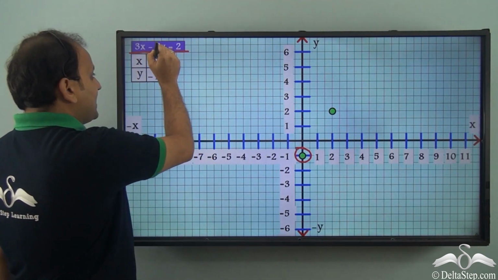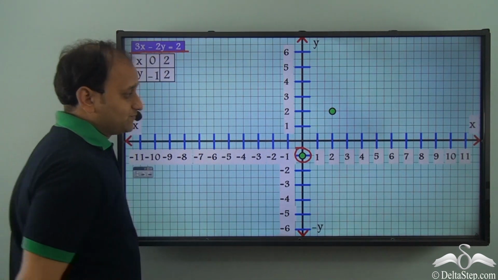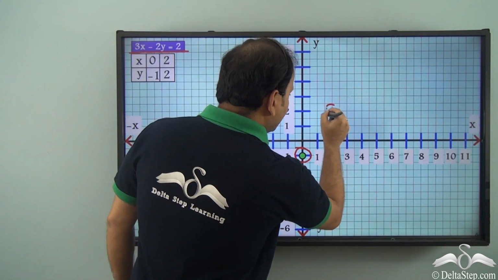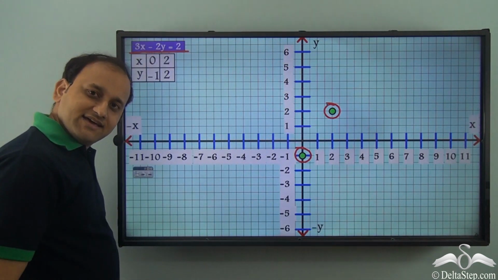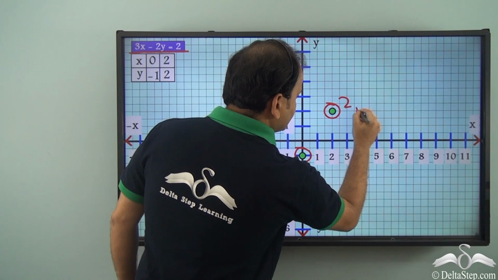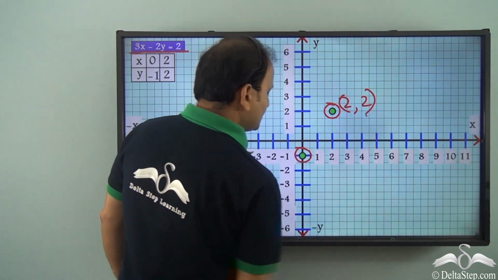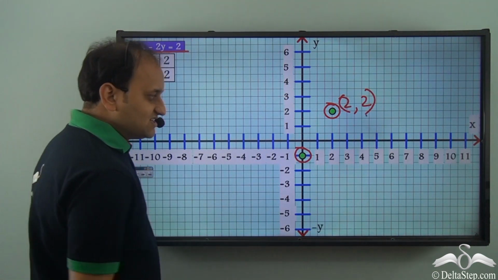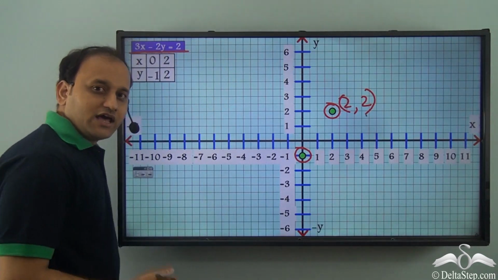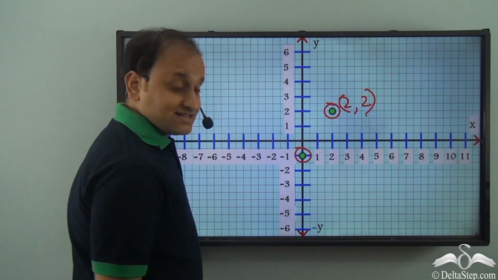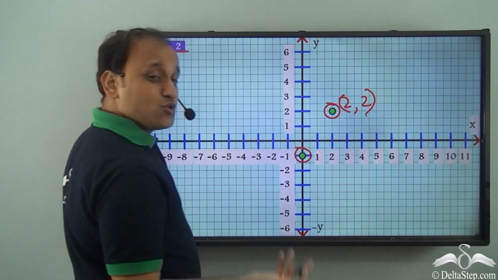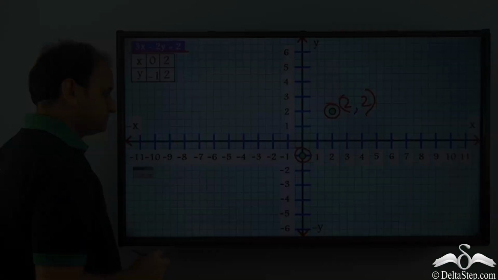Now, next is x is 2 and y is 2. So, this particular point here, x is 2 and y is 2. So, we have these 2 points, and these 2 points are enough for us to draw the line, isn't it? Because we need at least 2 points and we can have a line.